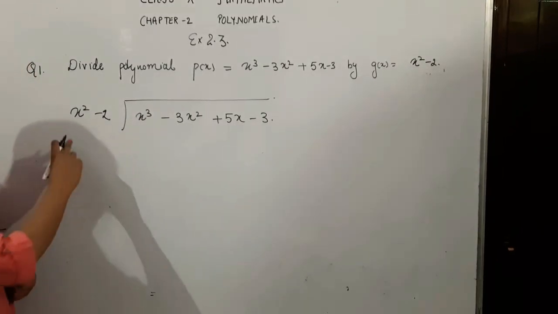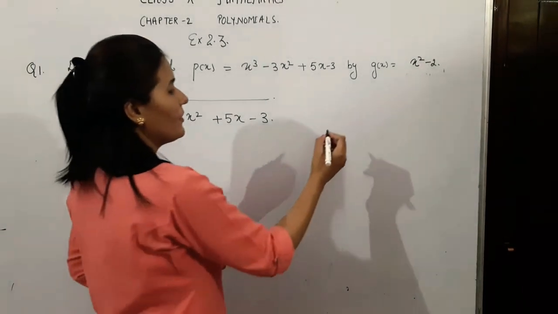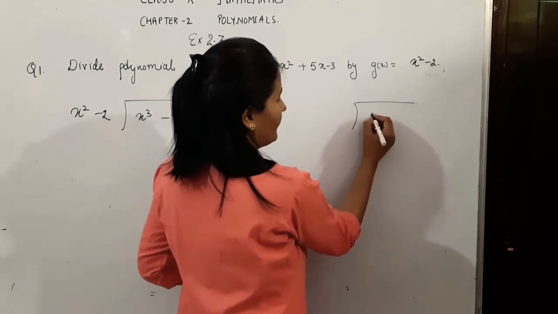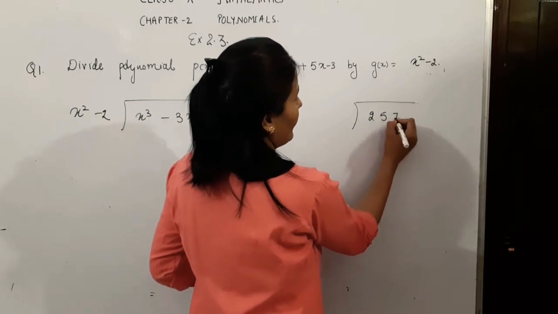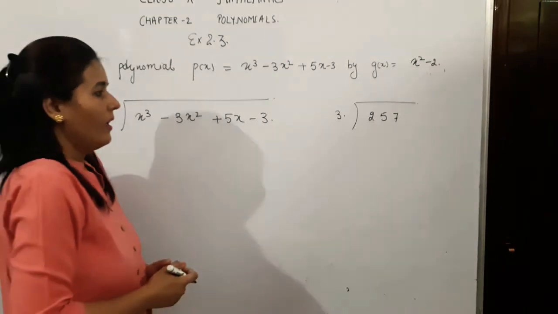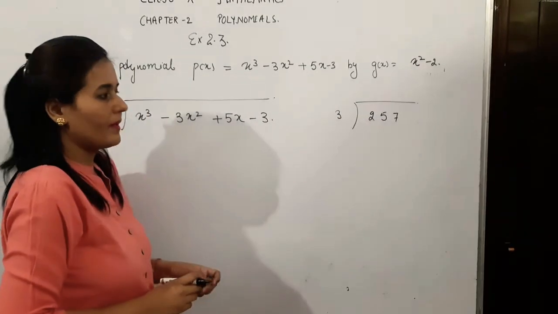So, before I start with this division process, let me recall the division of any two integers, right? 257 by 3. When we need to divide this number by this number, what is the process?